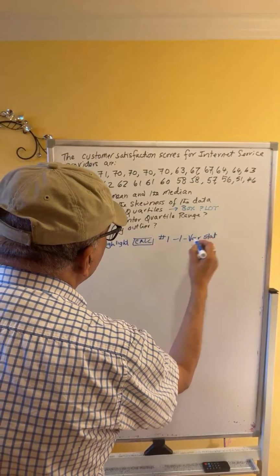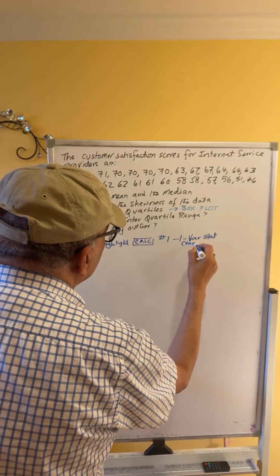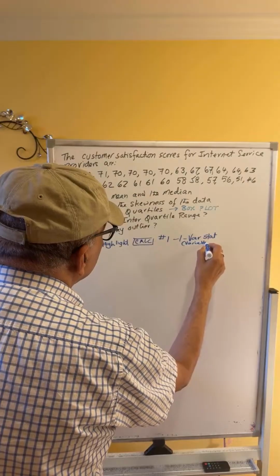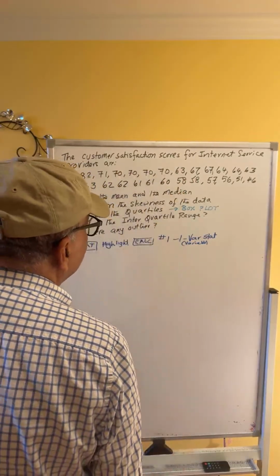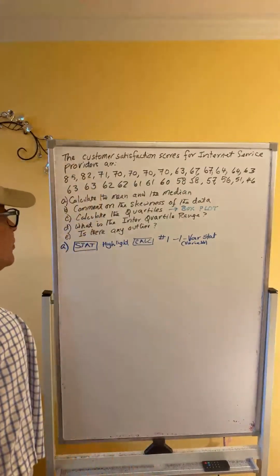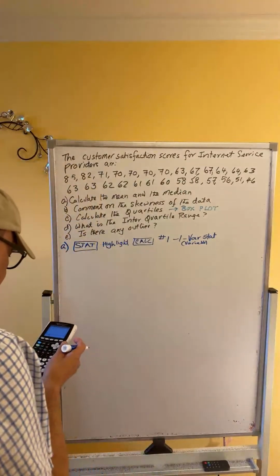One variable. What is the variable over here? Customer satisfaction score for internet service providers. So let me do that.